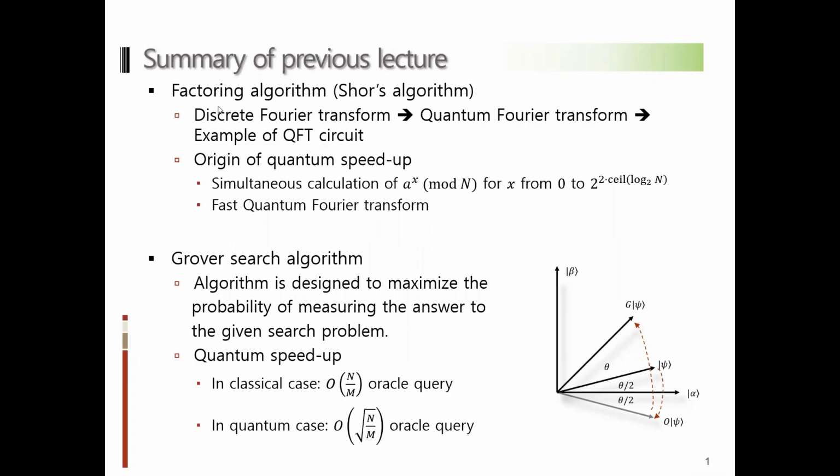With the factoring algorithm, the origin of the quantum speedup was twofold. The first thing is that in the factoring algorithm, we have to calculate the power of some random number, and then we have to calculate the modular division.